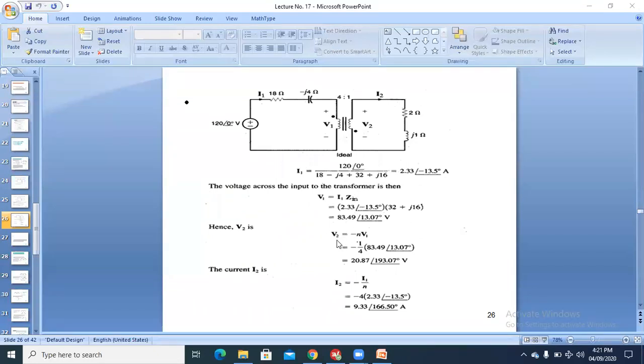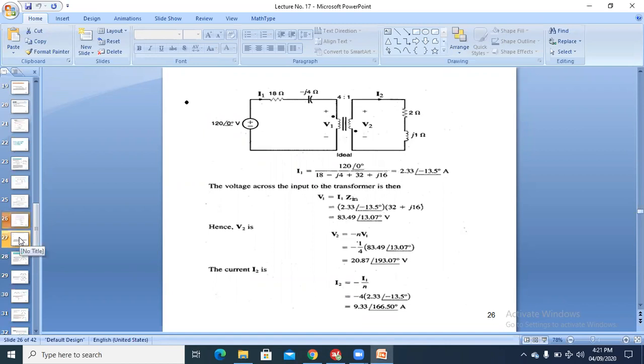So from this we calculate V2, and from I1 we calculate I2. So this is how we calculate the value of V1, V2, I1, I2 in ideal transformer circuit.